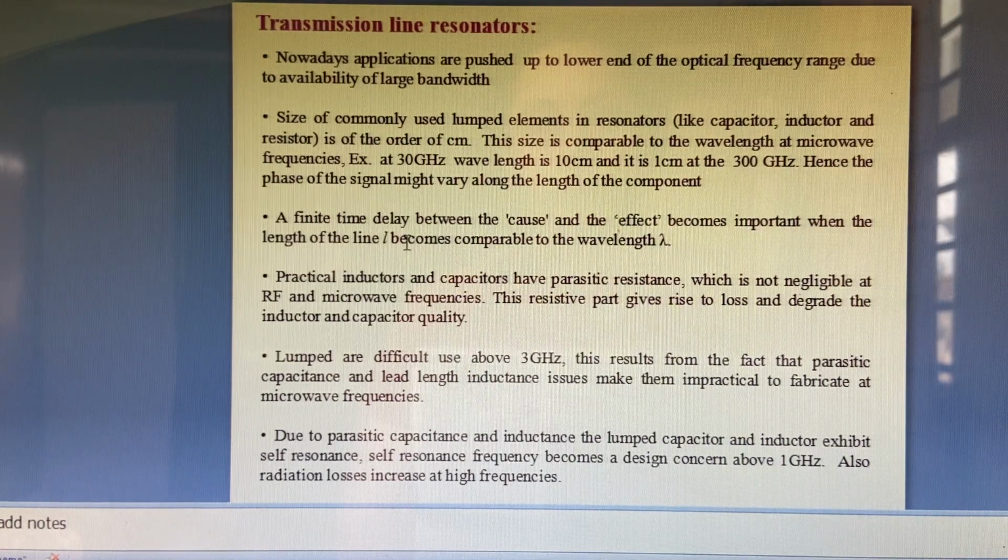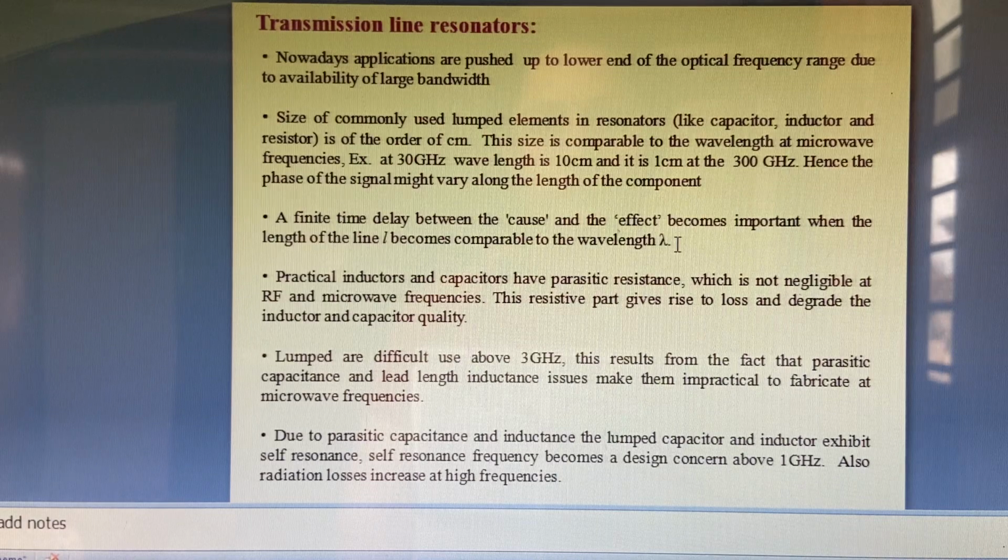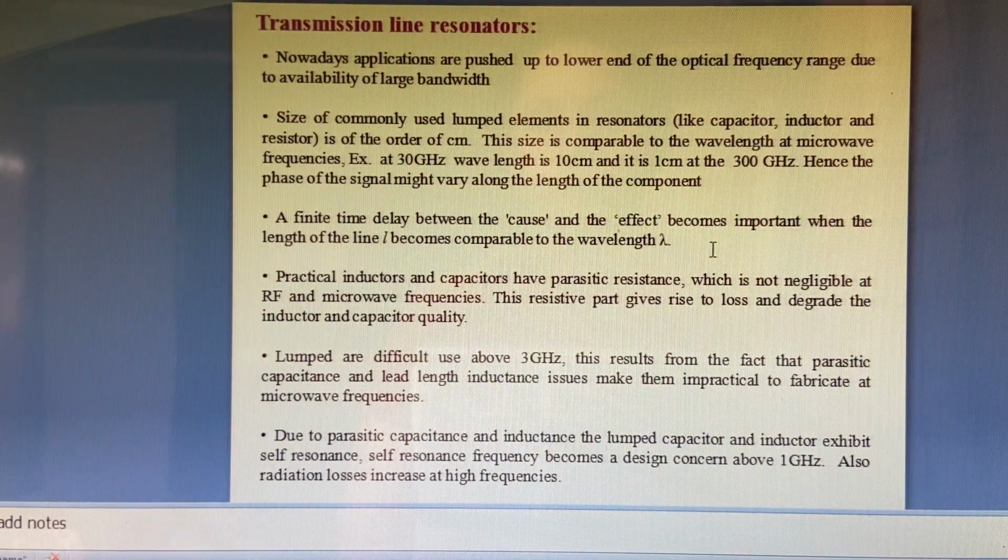A finite time delay between the cause and the effect becomes important when the length of the line L becomes comparable to the wavelength lambda. So this is another problem. There is a delay between the cause and the effect that we cannot neglect at RF and microwave frequencies. We have to consider the delay, otherwise there is a phase variation.